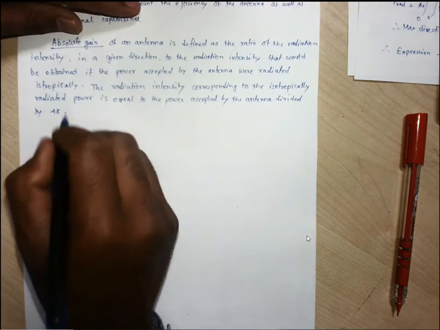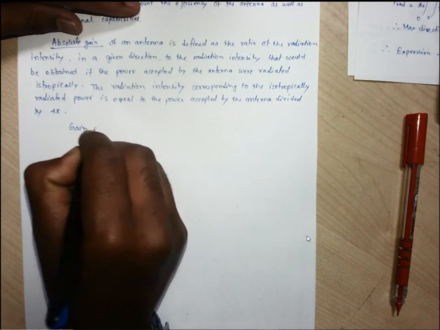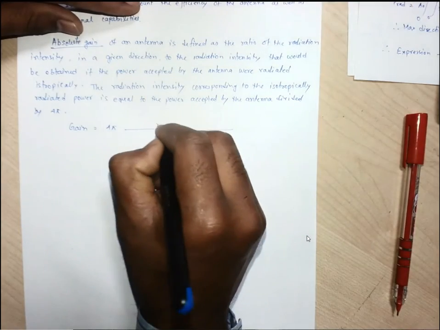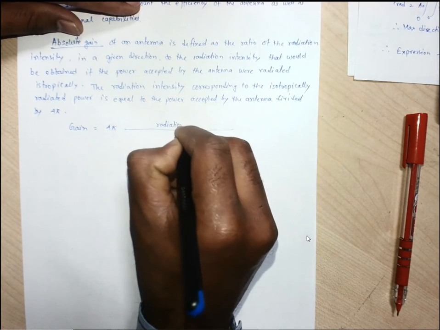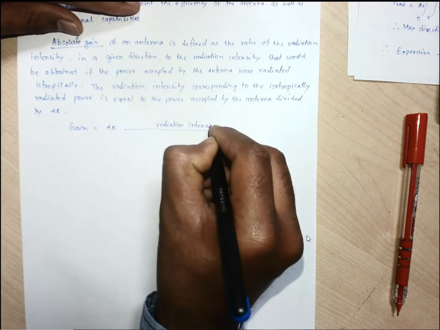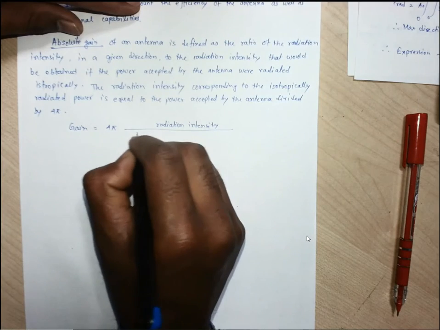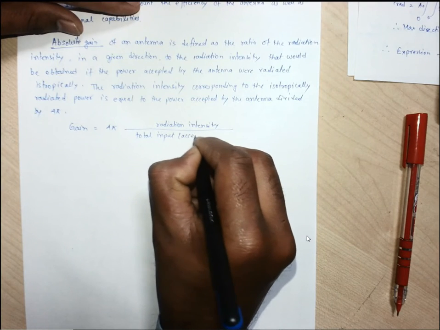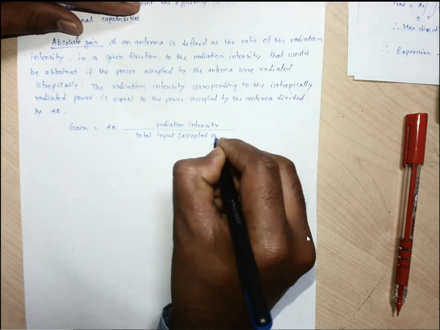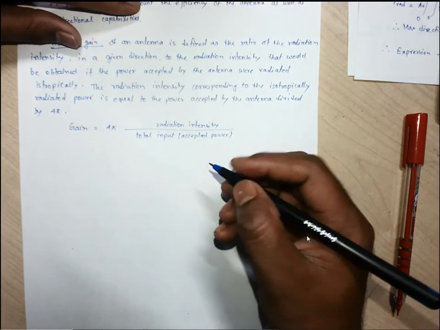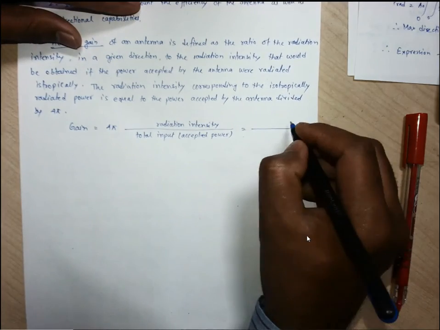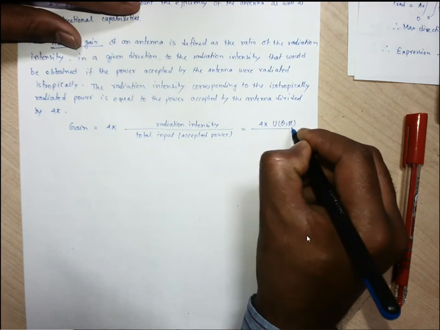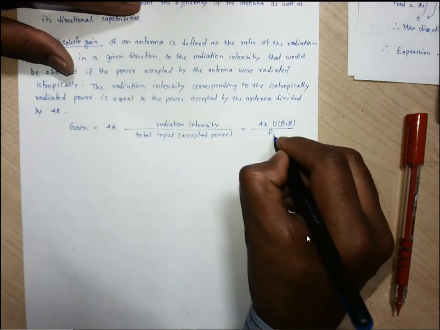So we can say this gain is equal to 4π into radiation intensity divided by total input or accepted power, that is 4π U(θ,φ) in any direction over P in.